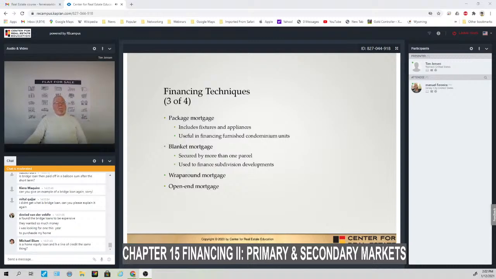Package mortgage. A package mortgage is often used when buying real and personal property items in the same purchase. Many buyers, when out looking, like to look at new construction because that's a very nice, attractive feature. It's brand new. Everything's new. Looks good. And when touring model properties, they come across a model of a finished home, decorated by a designer to show off the best qualities of that property, and it looks just beautiful.